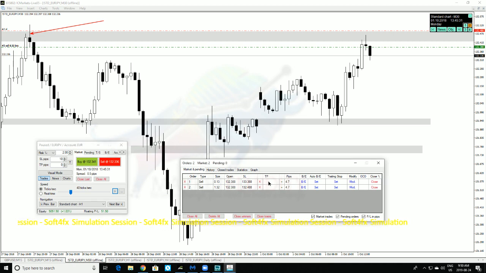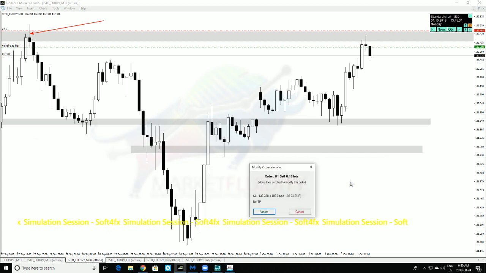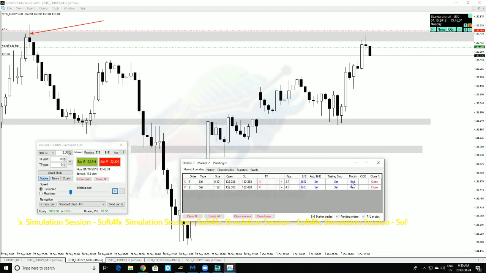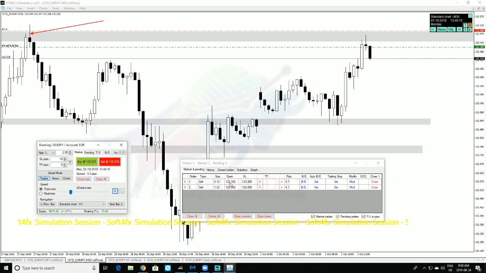How do you change the TP? Oh, whatever, we'll just close it manually. Oh, click plus.